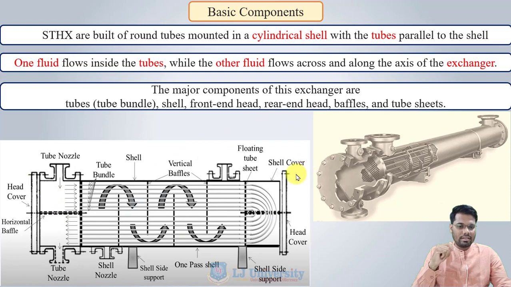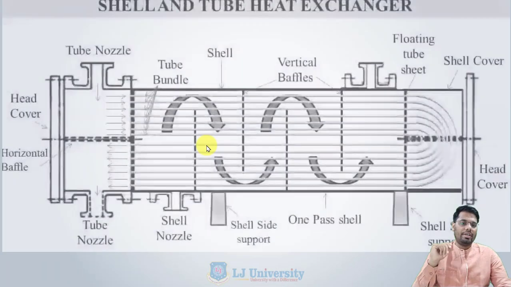Then the rear end head. The baffles, these black plates, guide the fluid to flow within the shell. And the tube sheets, to which all the tubes are attached for support. So these are the main components of the shell and tube heat exchanger.